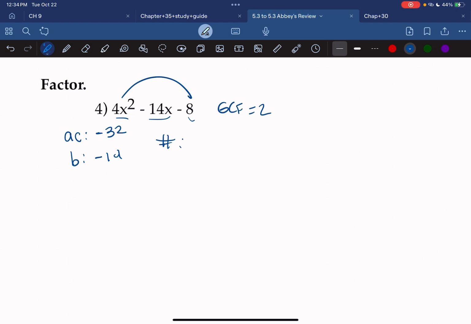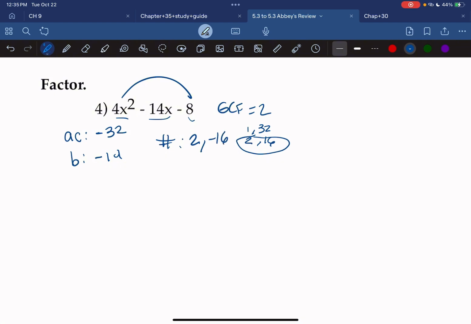If you don't know the number right off the top of your head, you can just do 1, 32, 2, 16. In our case, it's going to be positive 2 and negative 16, because negative 16 plus 2 is negative 14. Let's do 2, negative 16.